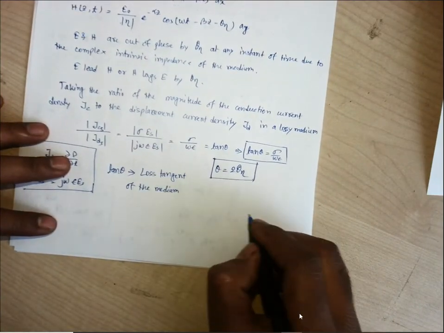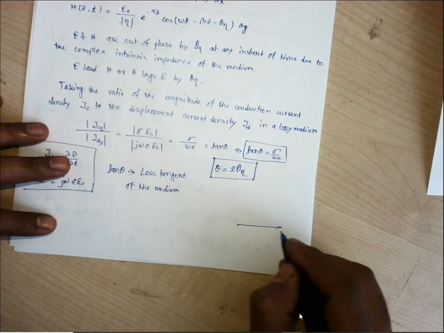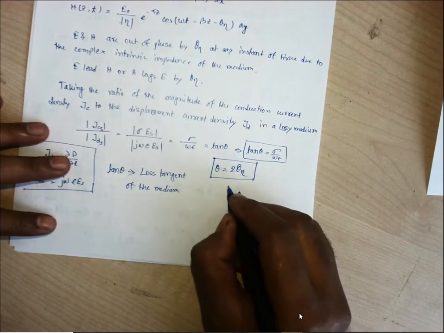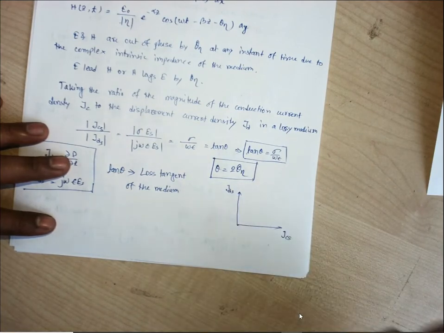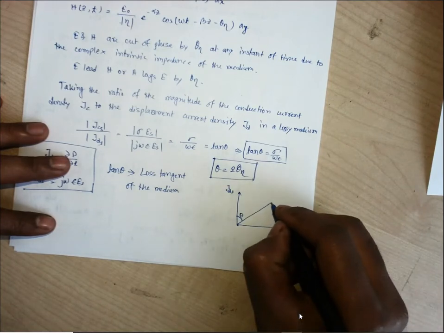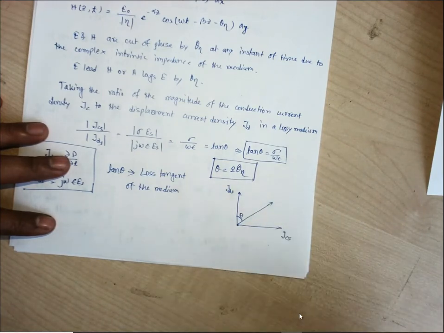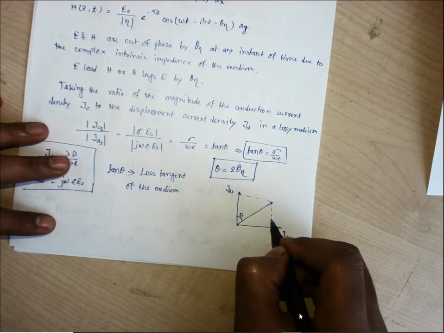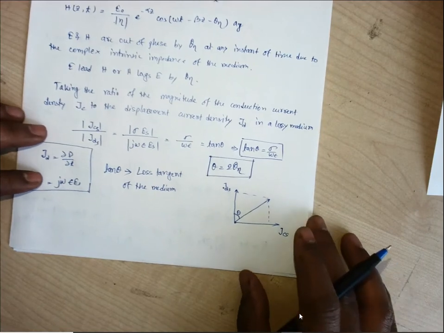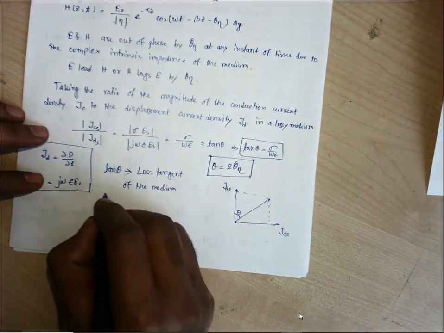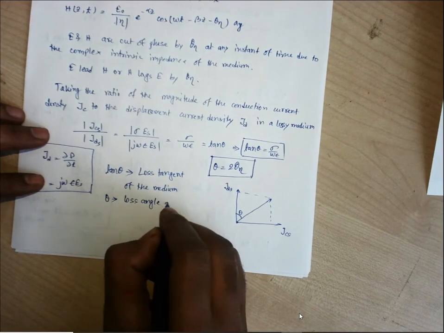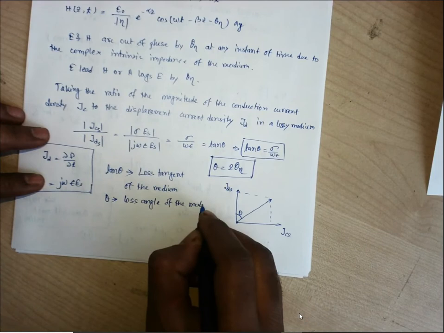So if we have conduction current in this way, that is JCS, and displacement current in this way, then this angle will define the loss tangent of the medium. So tan of this angle will give you the loss tangent of the medium. Tan theta is the loss tangent, so theta is represented as the loss angle of the medium.